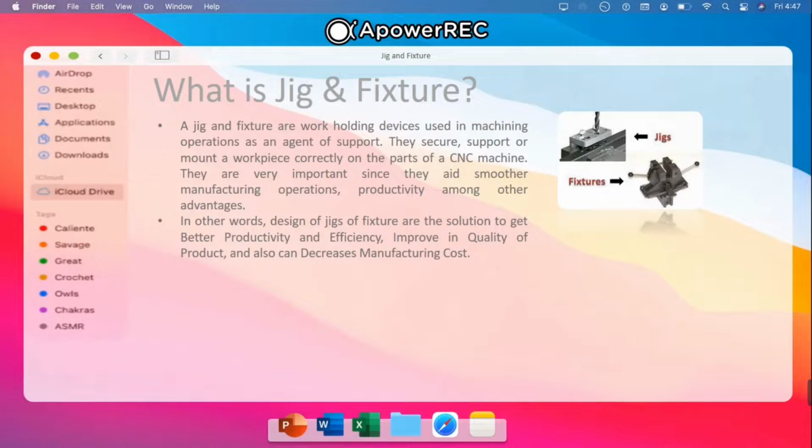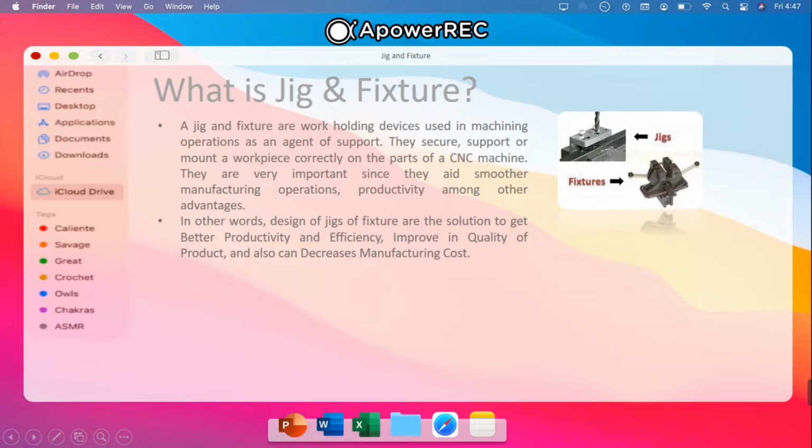For the introduction, I'm going to present about what jigs and fixtures are. Jigs and fixtures are work holding devices used in machining operations as an agent of support. They secure, support, or mount a workpiece correctly on the parts of a CNC machine.